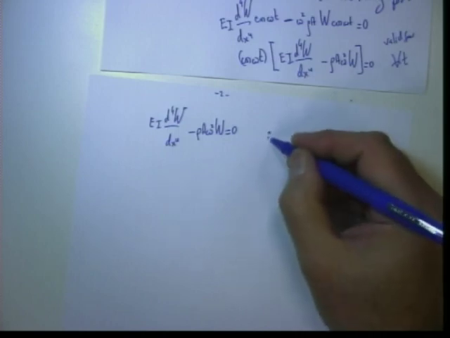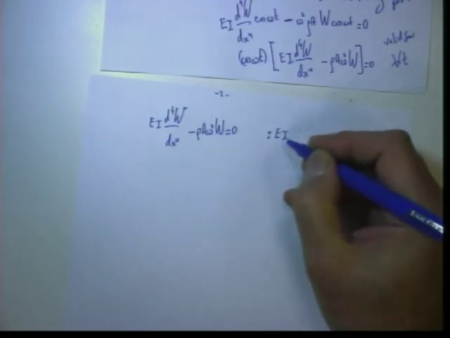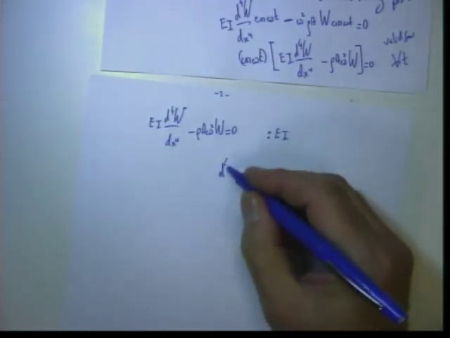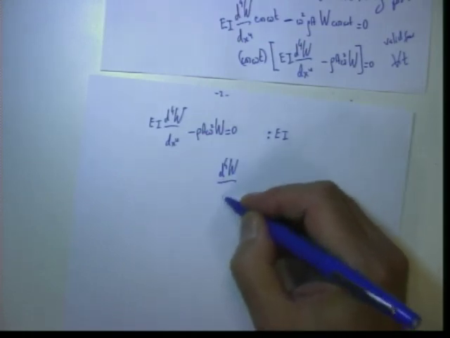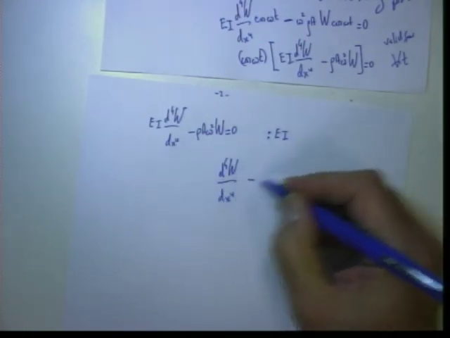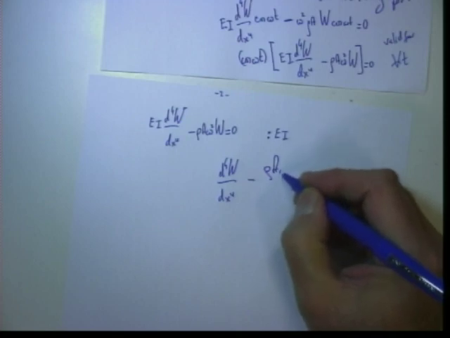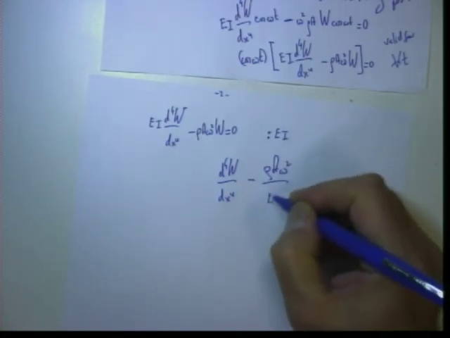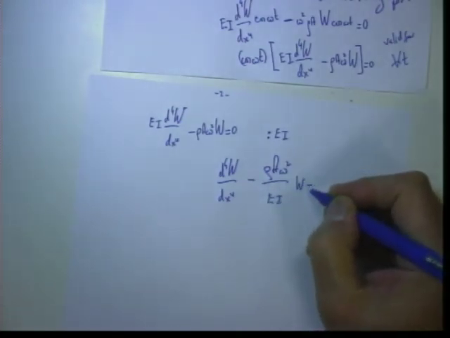Then we divide by EI, and we get d4W/dx4 minus rho A omega square over EI W equals 0.